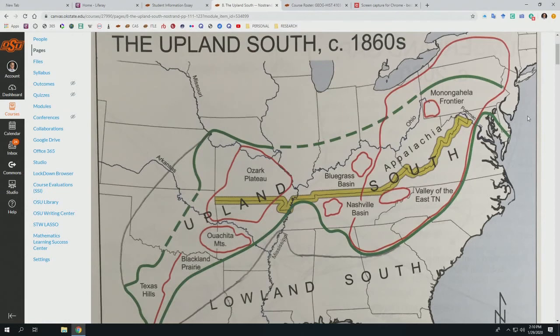Anyway, the Bluegrass Basin and the Nashville Basin are areas that have kind of unique drainage characteristics. You don't have rivers that connect in a very dense pattern. So this is an area where basically you have the emergence of more of a pastoral type of work.